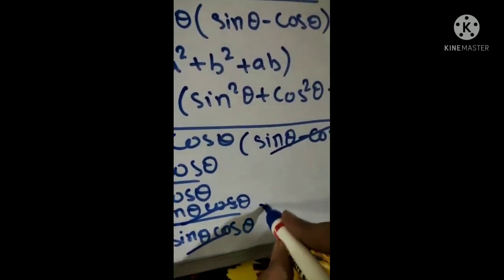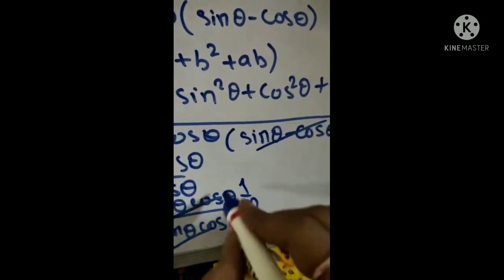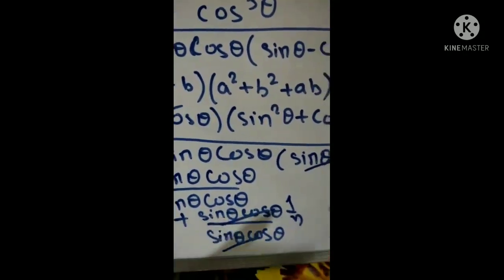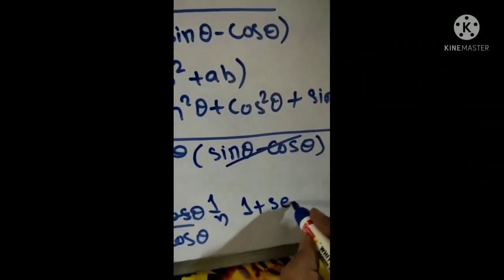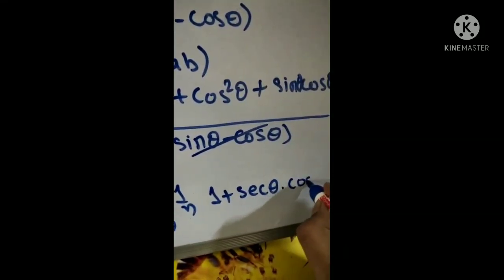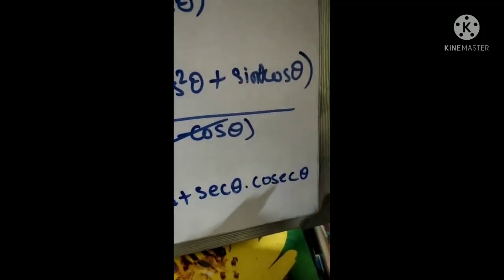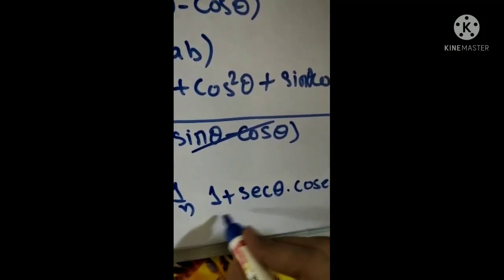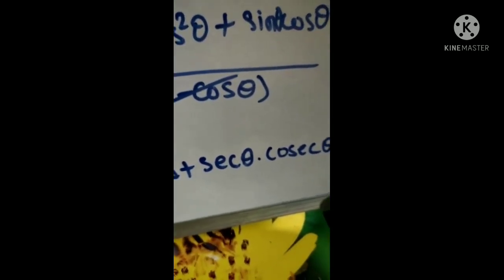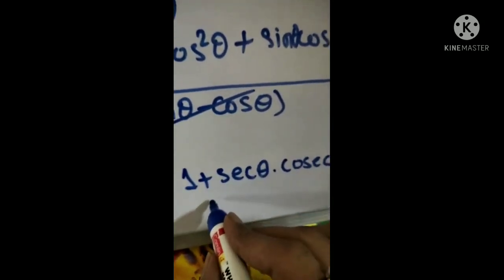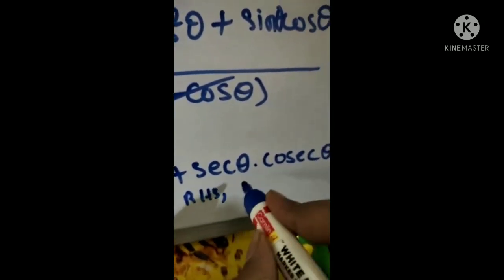These two will cancel, so we will get 1 plus 1 by cos, which is sec theta, and 1 by sine, which is cosec theta, multiplied by cosec theta. This is our required solution, and we have proved it. Our RHS is 1 plus sec theta cosec theta, and here also we get 1 plus sec theta cosec theta. So this one is our RHS, hence it is proved.